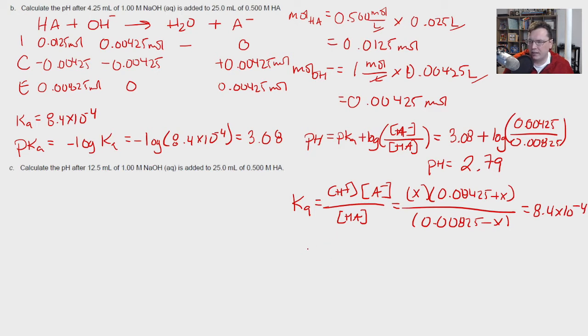If I assume the x in the denominator doesn't matter, you get 2.37 times 10 to the negative 4 equals 0.00425x plus x squared.